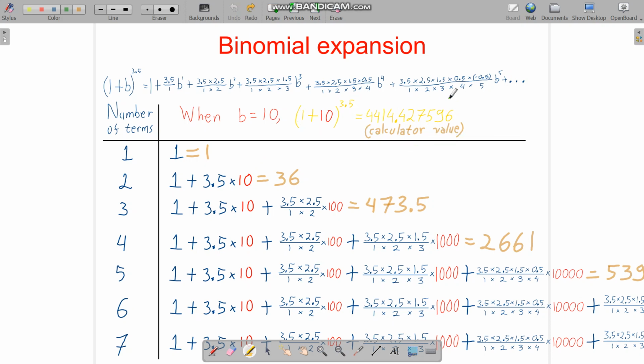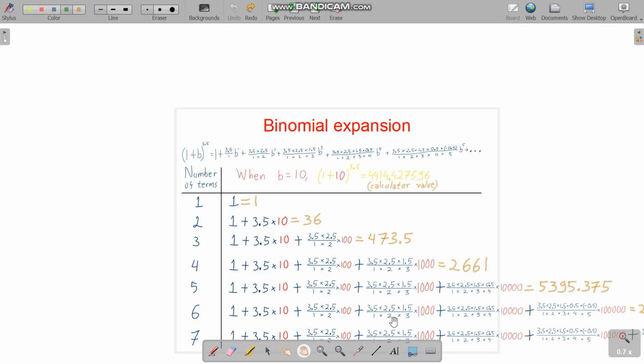Now if we use only one term, we get just 1. If we use two terms, we have 1 plus 3.5 over 1 times b, which is 10, so 3.5 times 10, we get 36. If we add more terms, the sum of the first 3 terms, we get this, the sum of the first 4 terms, and so on.